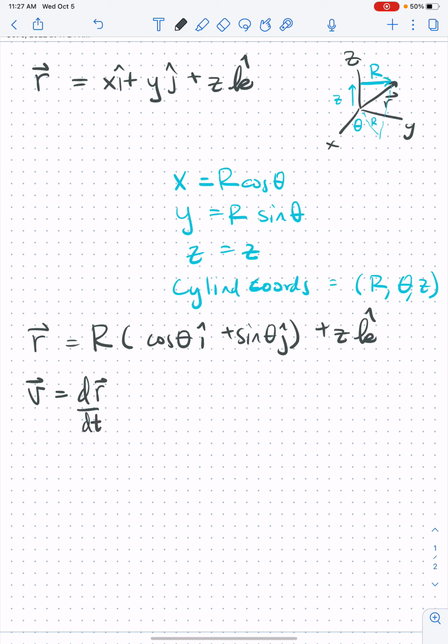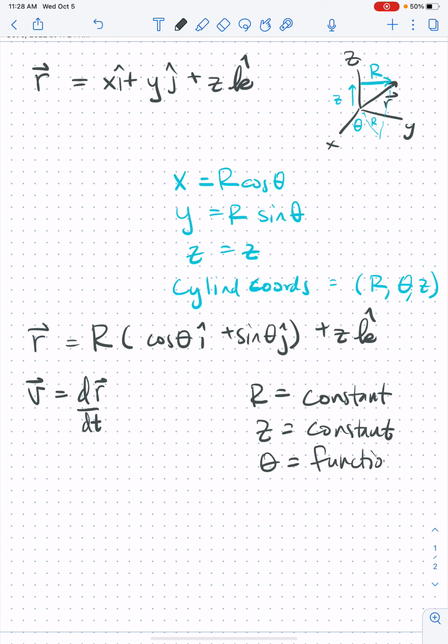It's always true, right? And now if we are only undergoing rotational motion here, then that means that our big R is constant, our z is constant, and our theta is the only thing that is a function of time. So we've got theta of t.